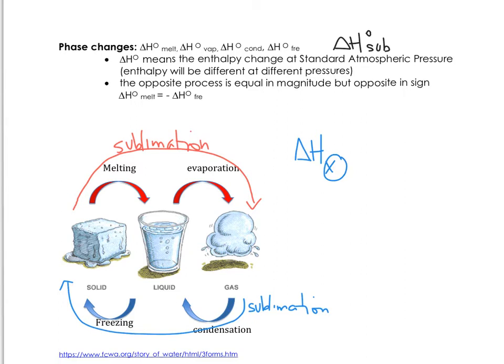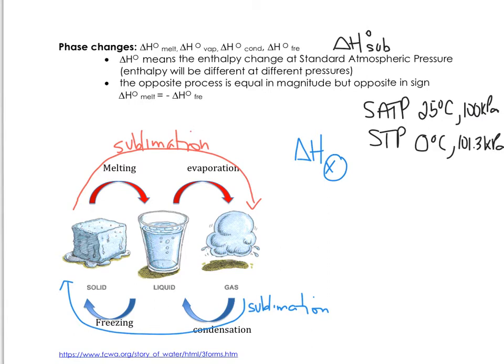So this means either SATP, standard atmospheric temperature and pressure, which is 25 degrees Celsius and 100 kilopascals, or at STP, standard temperature and pressure, which is 0 degrees Celsius and 101.325 kilopascals.